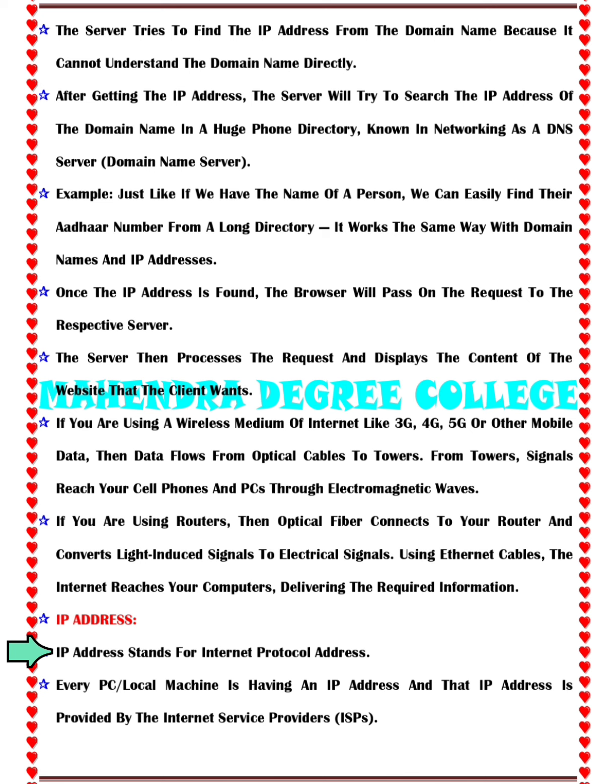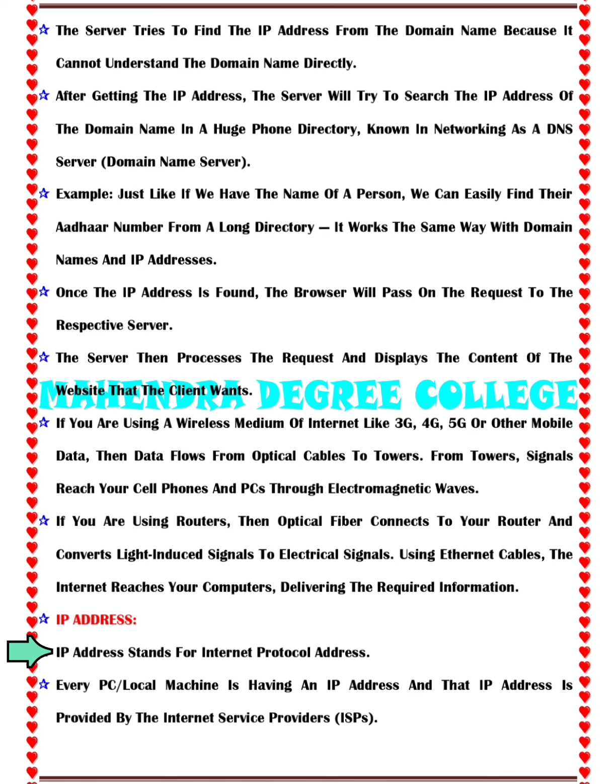It means it is a unique numerical label assigned to each device connected to a computer network that uses the Internet Protocol for communication. An IP address serves two main purposes.